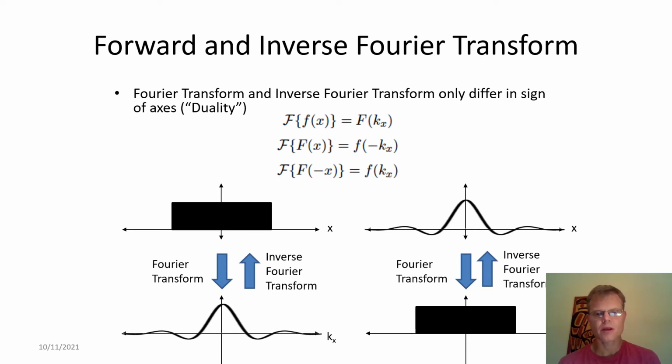Okay, a couple of other points I want to touch on. One is there's a forward and an inverse Fourier transform. I'll often use these almost interchangeably because they are very, very similar. The only difference between the forward and inverse Fourier transform is the difference in sign. And that's what this set of relationships indicates.